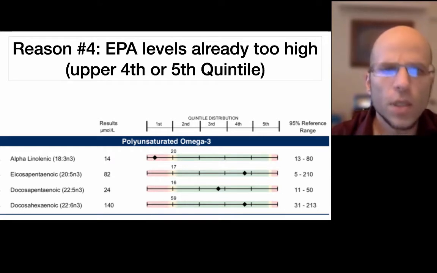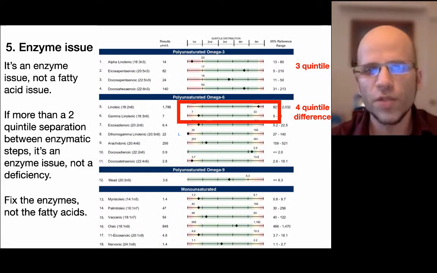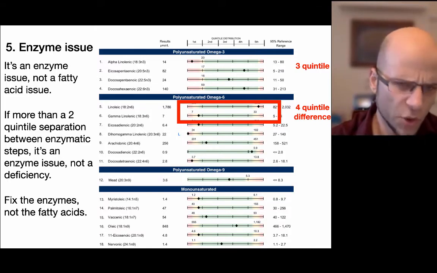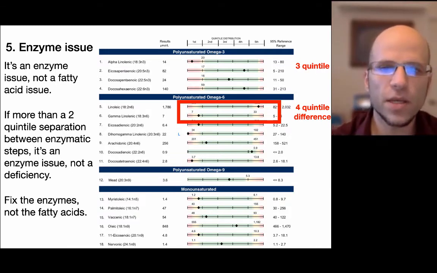Yeah. So then the fifth issue to pull someone off of an exogenous oil, whether it's flax oil or fish oil or anything, is what we talked about before, is that they don't need it. They just need to fix the enzymes. Like this is again my third quintile difference.